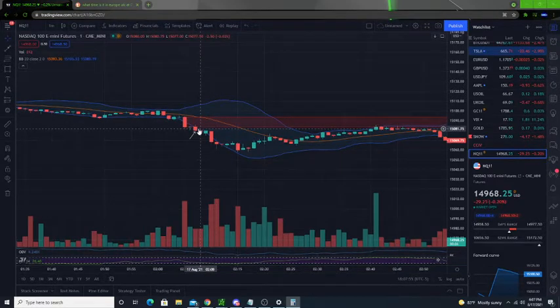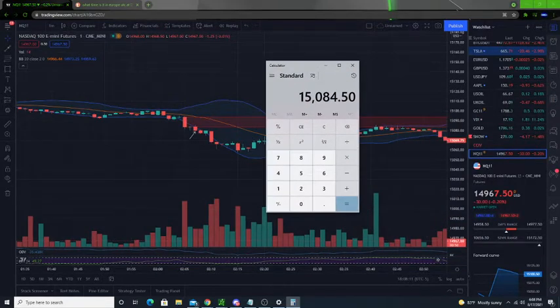So say we got this entry right off a rejection here at 15,084.50. Bring that over here so everybody can see that. So we're going to sit here at 15,084.50.